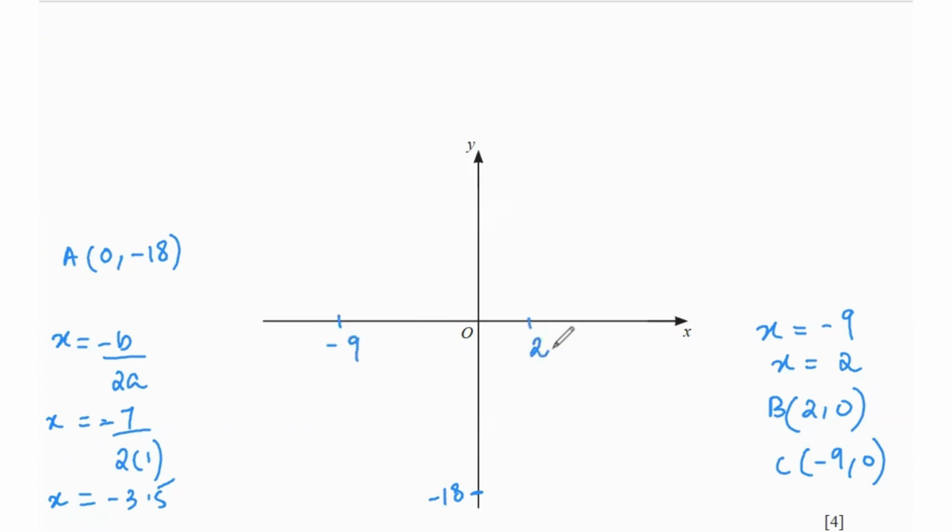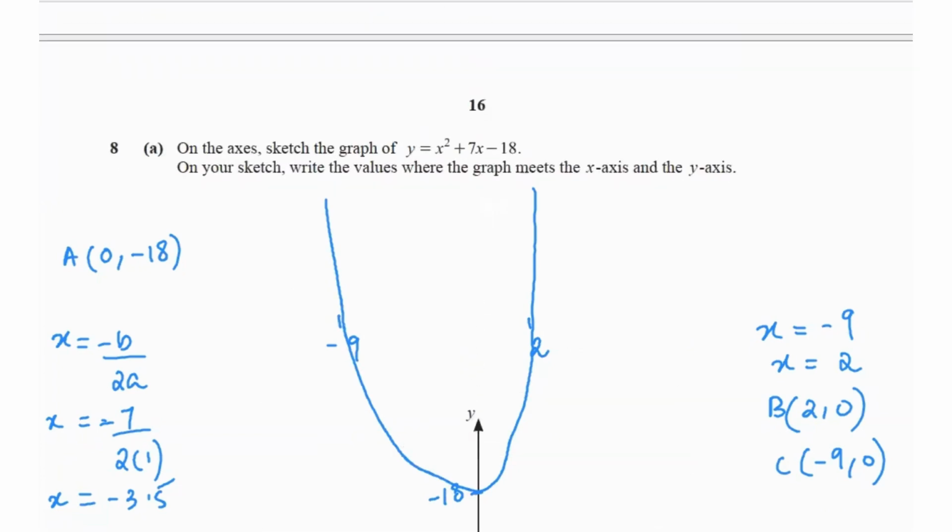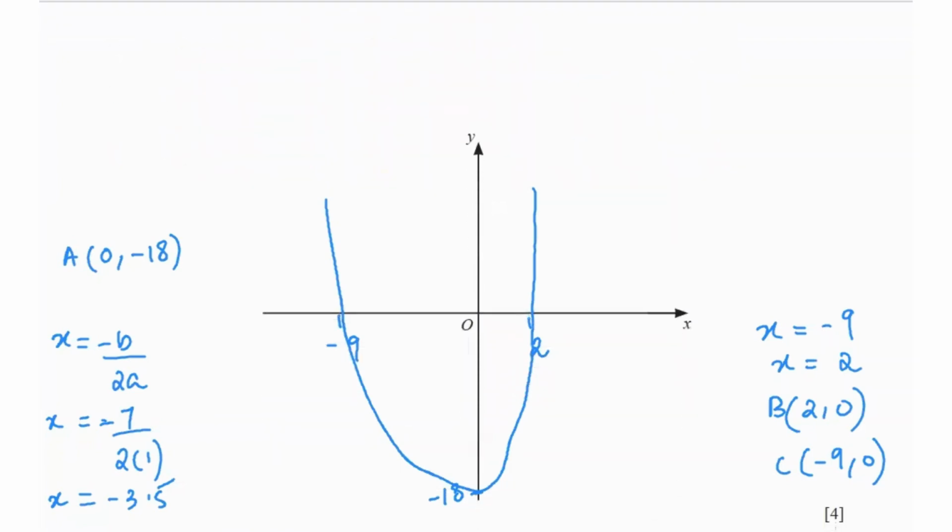Positive 2, let's call that over here. Something like this. I know my graph looks ugly, but the shape is going to be similar. It's going to be a minimum curve like this. I don't think we need the line of symmetry because they didn't specify it, so you can skip that. You just mention your x-intercepts and y-intercepts, and that's your answer.